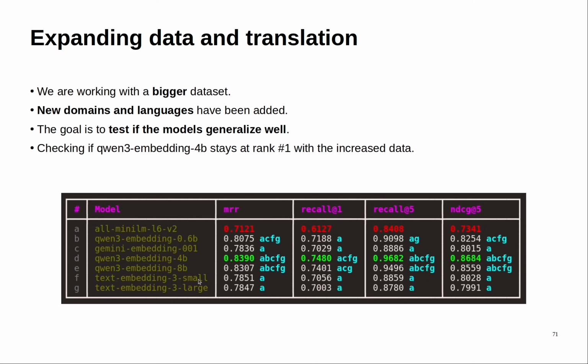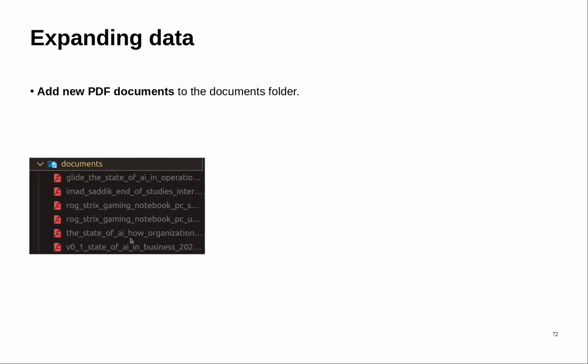This is the table that I showed you in the previous step. We saw that the Qwen3 embedding 4 billion model performed better than the other models, and in this video we want to see if this model can keep its top spot when we scale up the data. Here is how we are going to do this.